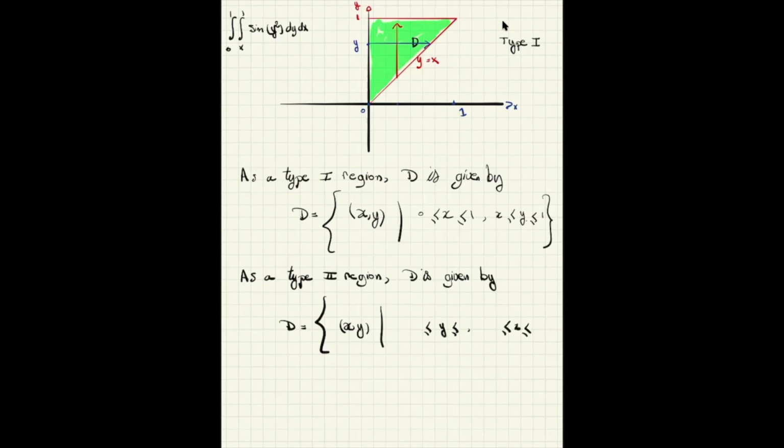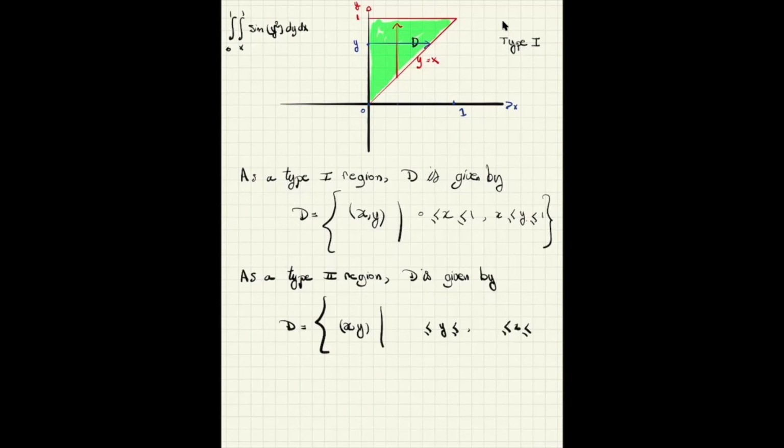Normally what we do, here it's very easy because y is equal to x, but normally you would isolate x. You would just solve for x. For example, if it was y equal to x squared, you would say x is equal to the square root of y. But here it's y equal to x.